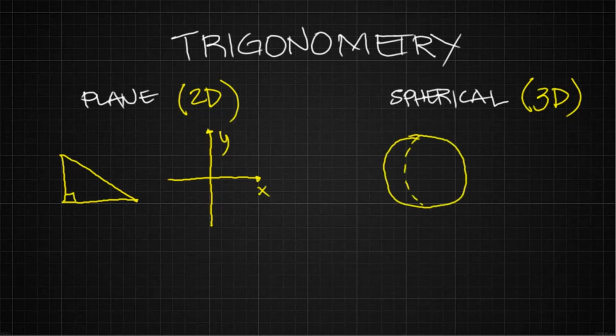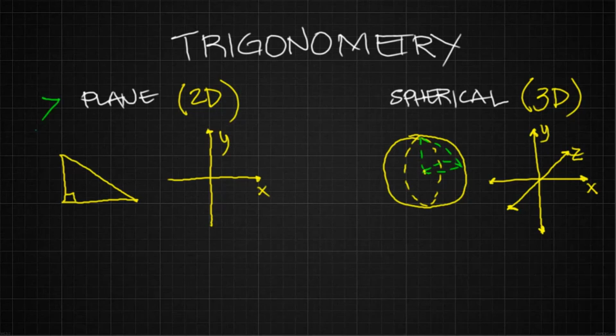For example, triangles found on spheres, which are present on three planes such as on the x, y, and z axis. But for this lesson, we will focus on plane trigonometry.